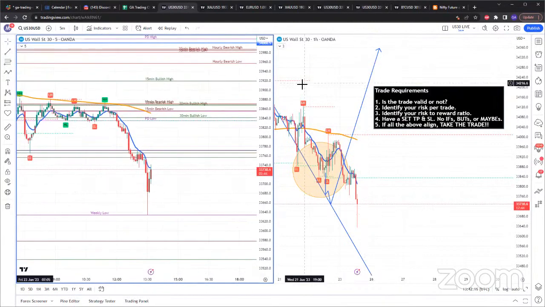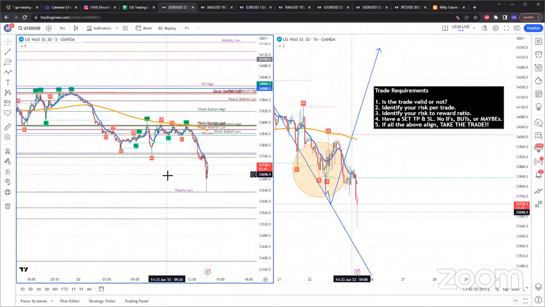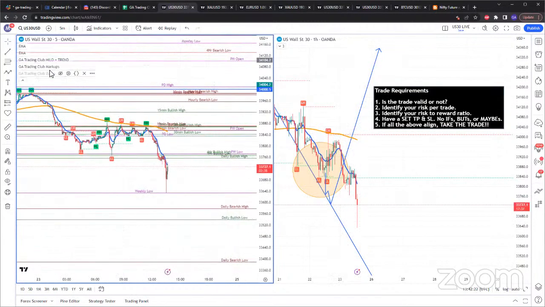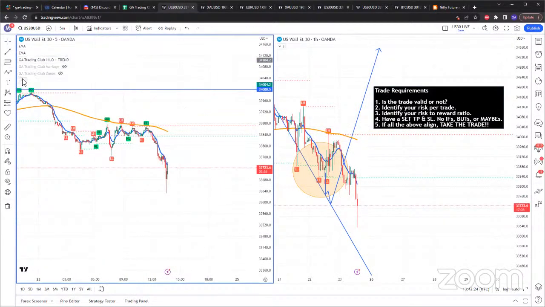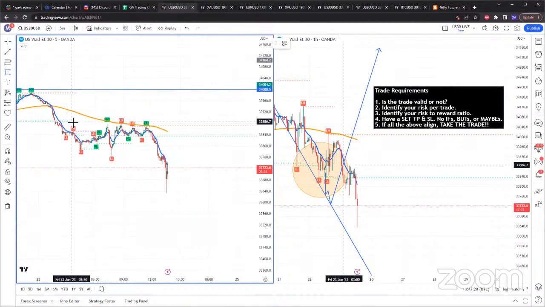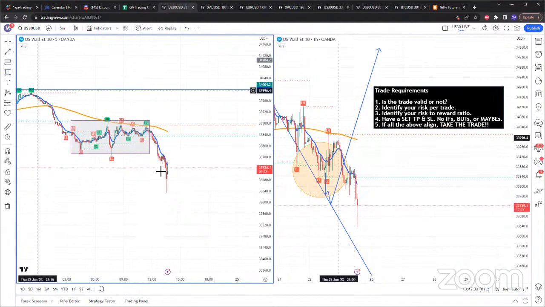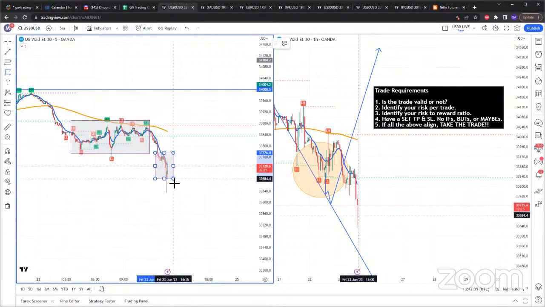But if you ask me, I think what's happening here is what Steven calls accumulation, manipulation to the downside.